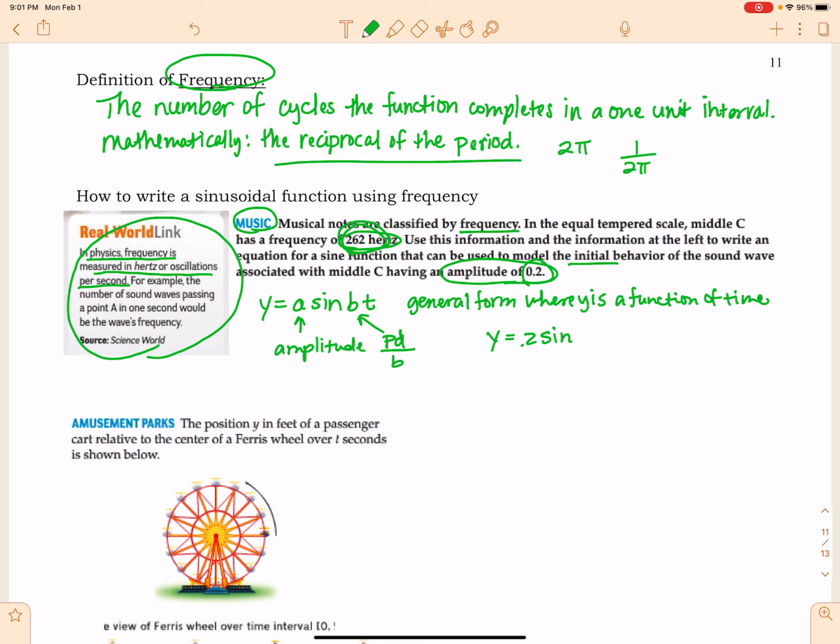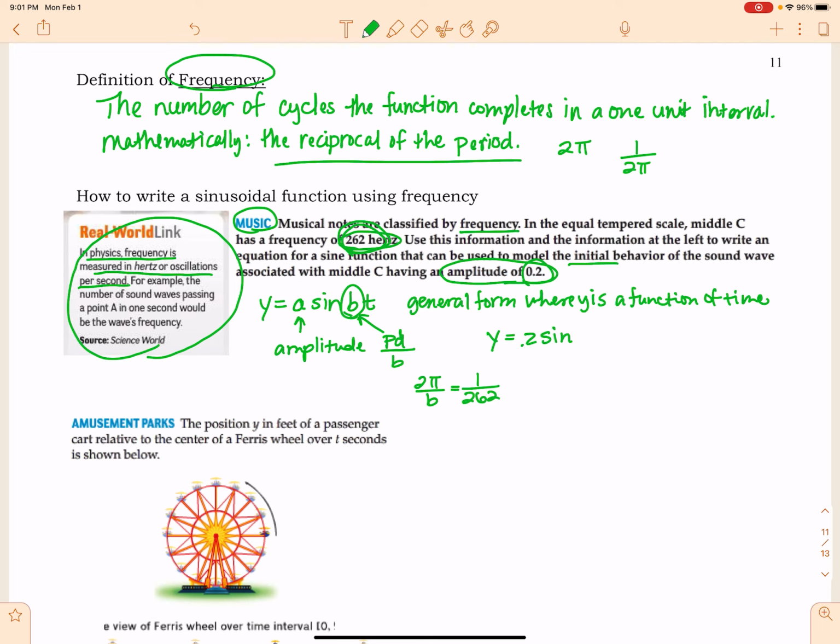So if I'm dealing with the sine function, 2 pi would normally be divided by whatever this value is in here. So 2 pi divided by b, we don't know it, would be equal to the reciprocal of the frequency, since the frequency is equal to the reciprocal of the period.